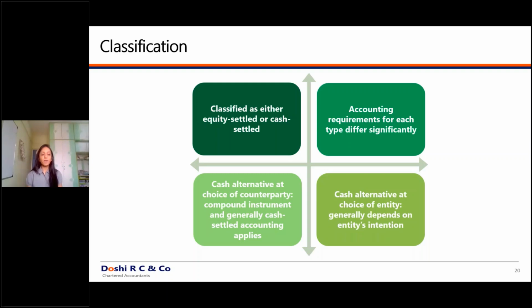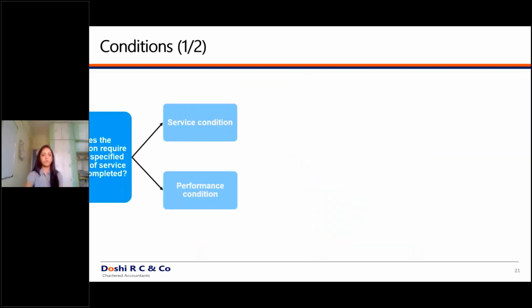Or is the company going to settle it in equity shares? So we will decide between these two cases, and accordingly the accounting will depend upon each of these options. The accounting will change for each and every part. Please remember. Okay, so moving ahead to the next part.